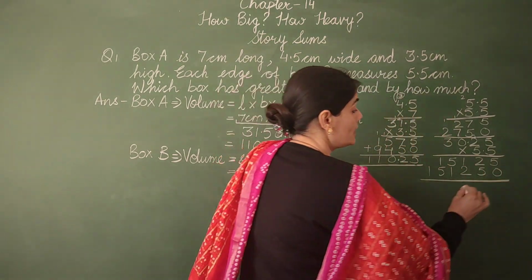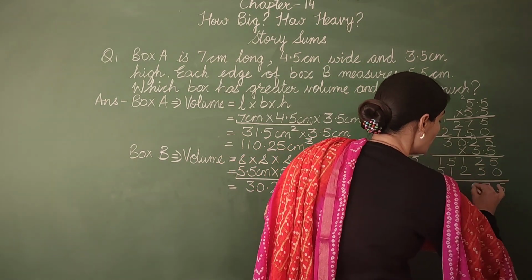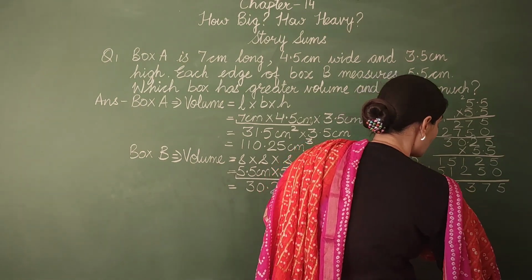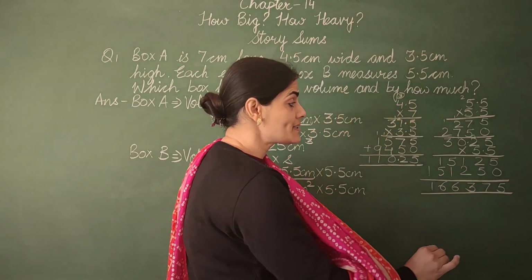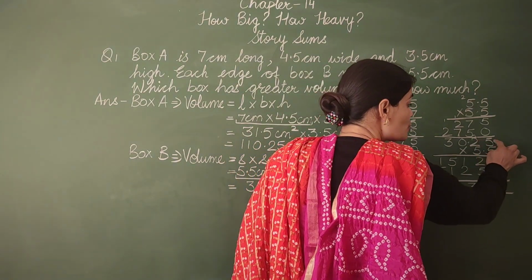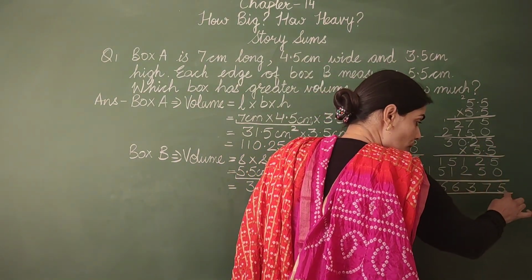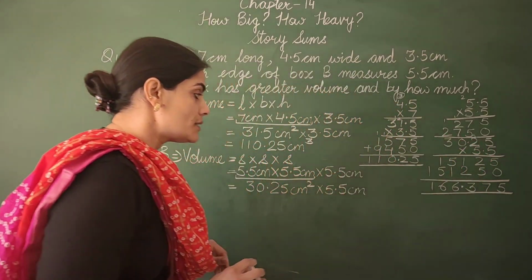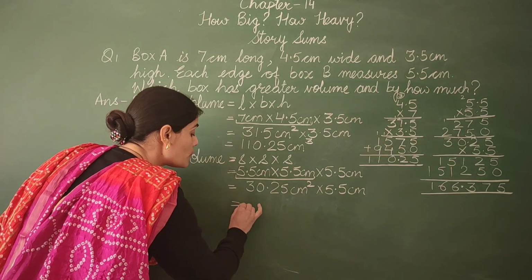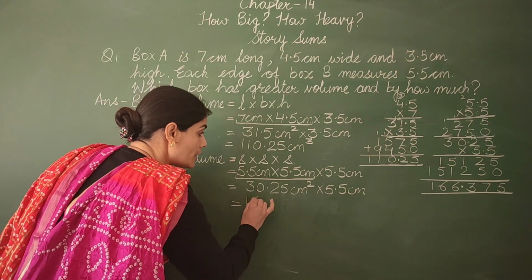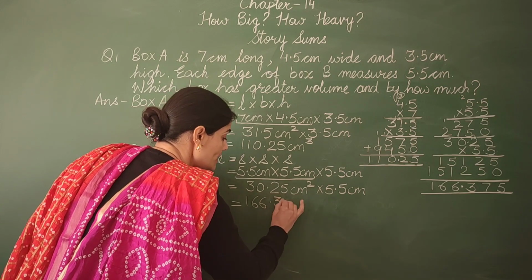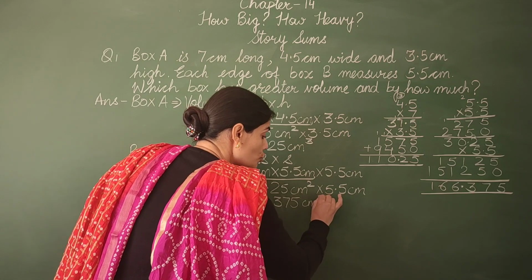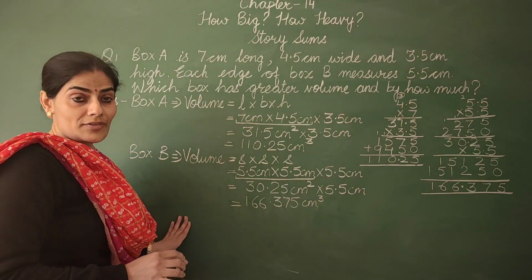Let's add. It is 5, it is 7, this is 3, this is 6, 6 and 1. Let's count the decimal places, everybody. This is 1, 2 and 3. Count 3 digits from the right side, 1, 2, 3 and put the decimal. So the volume of box B is 166.375 centimeter cubed. Writing the unit is really very important.